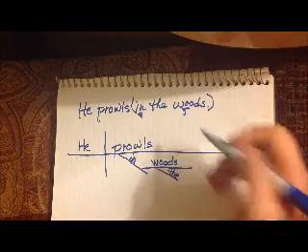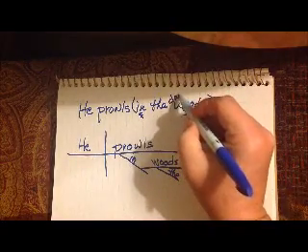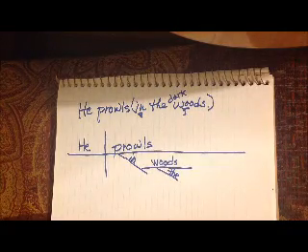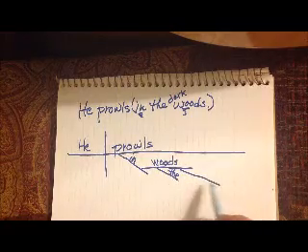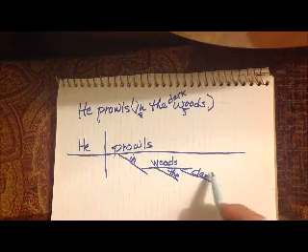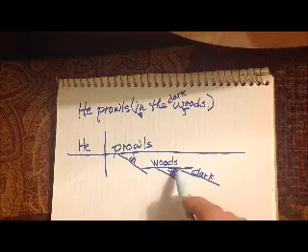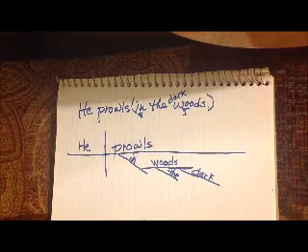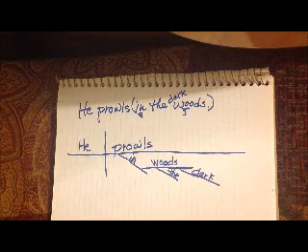What if I said he prowls in the dark woods? Where would dark go? Do you know already? If you guessed it would go here, then you're right. It would go underneath woods because it's an adjective that says what kind of woods they were. In the dark woods.